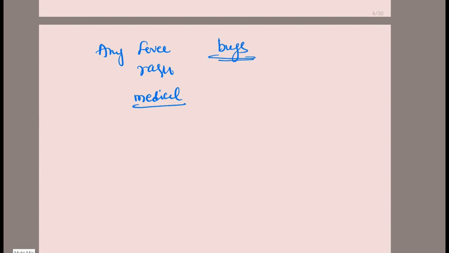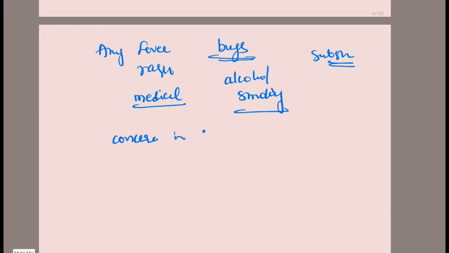And if relevant, you can also ask if she has taken any alcohol or smoking during pregnancy, any substance abuse. Did she have any concerns in the jelly scan, the antenatal scans? If you say antenatal scans they won't understand, so say jelly scan, any concern about the jelly scan done during the pregnancy.